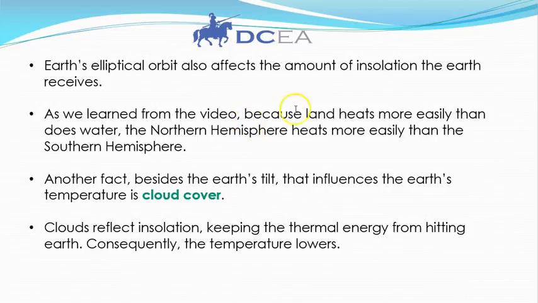So the Earth's tilt can influence temperature, but also cloud cover can have a lot to do with it. Clouds actually reflect insolation, keeping the thermal energy from hitting Earth. Consequently, the temperature lowers.